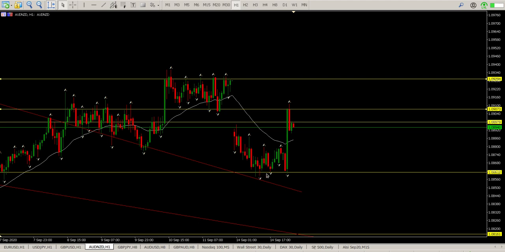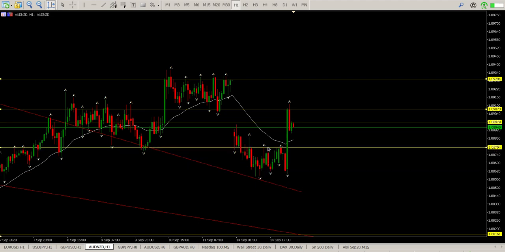Okay, what we want to do is just use this level here. It is possible to come back down to 1.08796 and then bounce up from there. That is a possibility. I always get wary when we have a single bull bar like this, which is bigger than the other bars to the left.